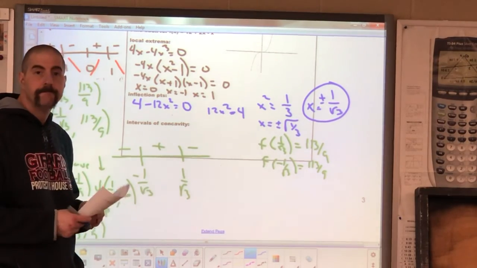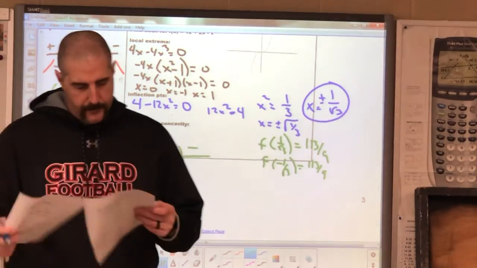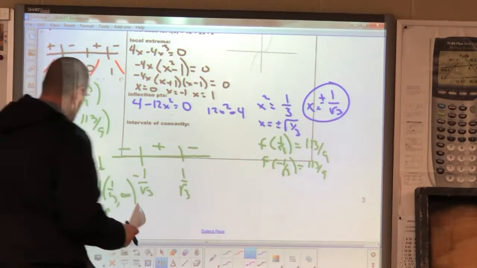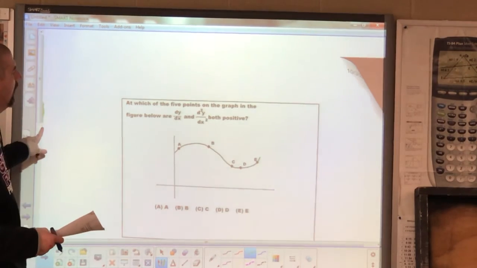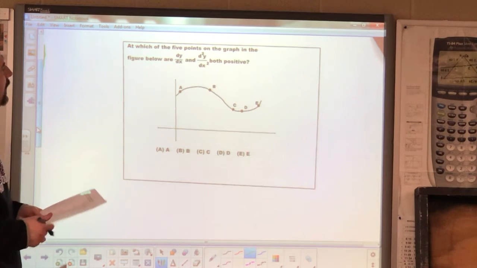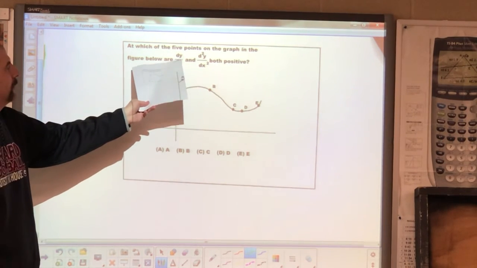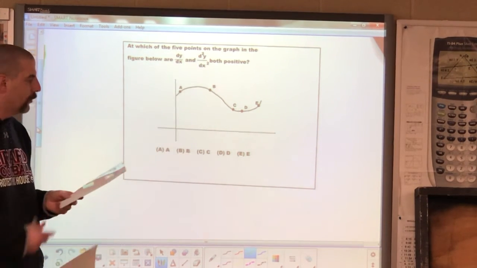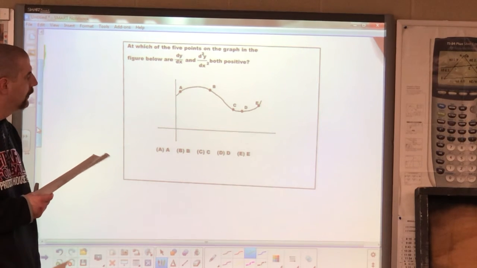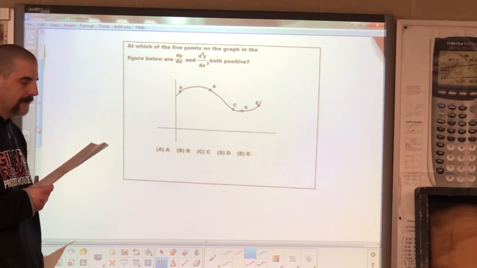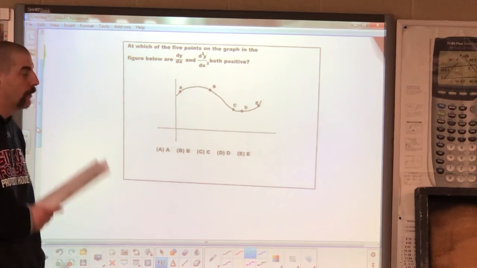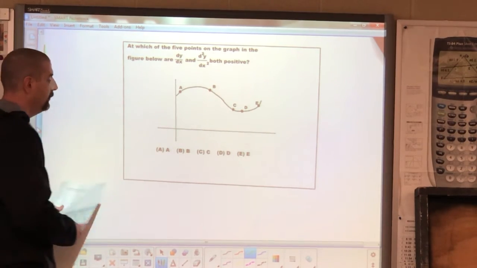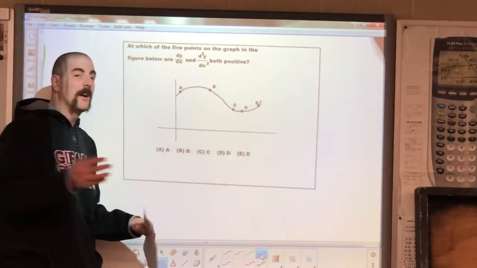All right. That's it. Oh, we have one more slide. Sorry. Okay, so at which of the 5 points on the graph are the derivative and the second derivative both positive? So where is that at? Okay, so we're looking for slope being positive and it being concave up.